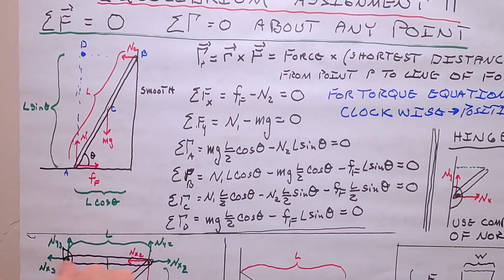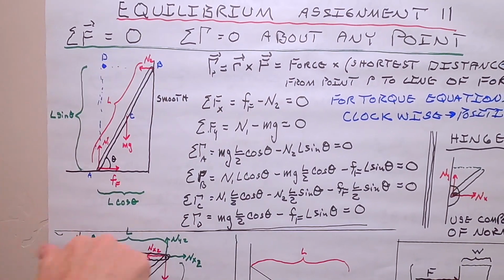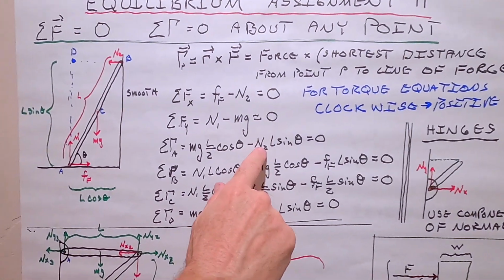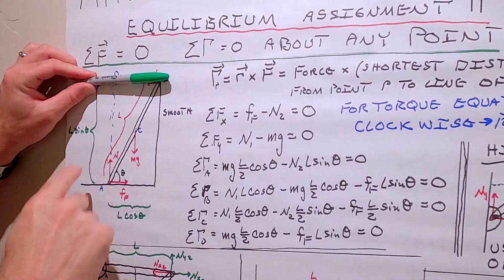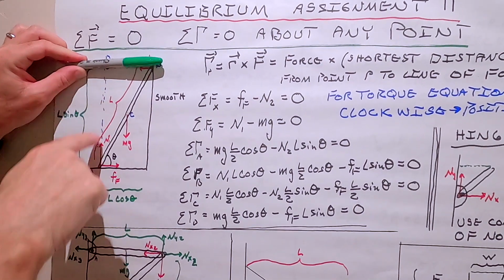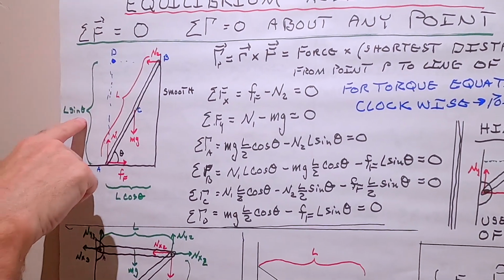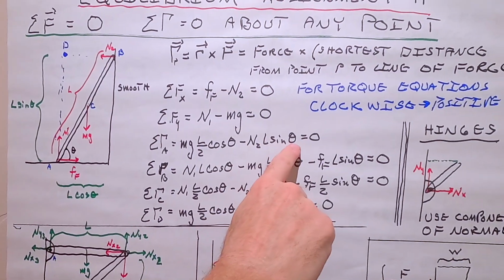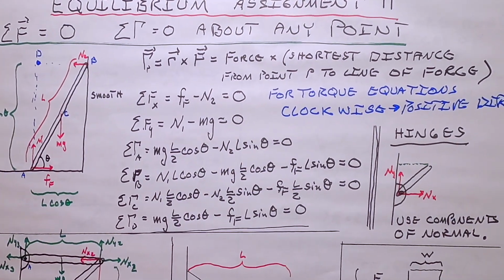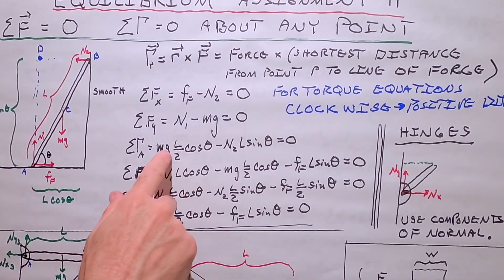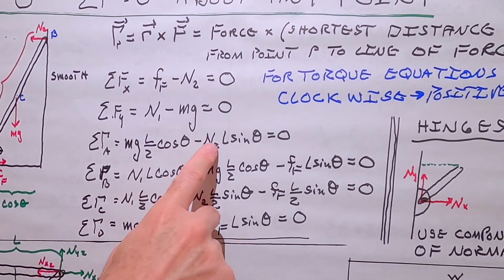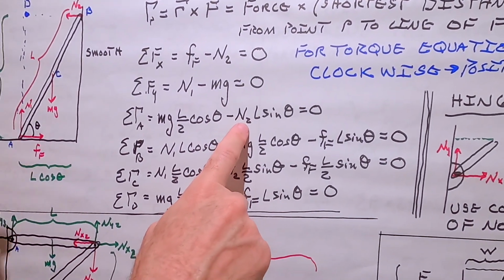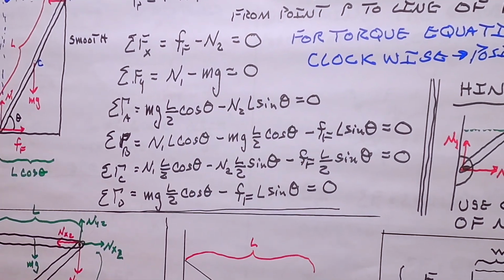Minus, since this is going in the counterclockwise direction, N2 times the shortest distance between this line and that point, which is this distance right here, which is just L sine theta, and that equals 0. So this would be a good spot to take torques since usually you know mg and theta. If I wanted to solve for N2, this would be a good spot to take torques on.